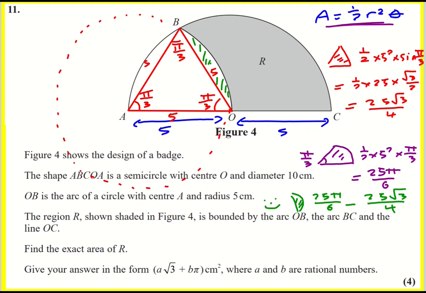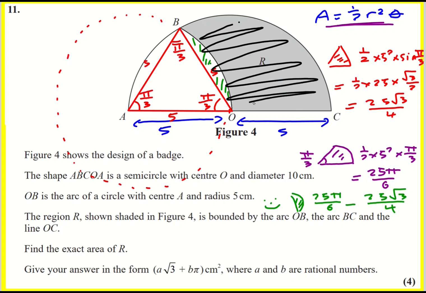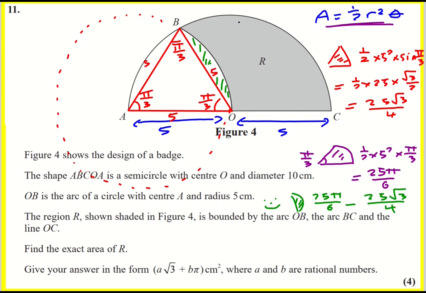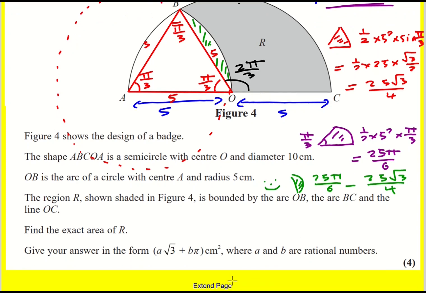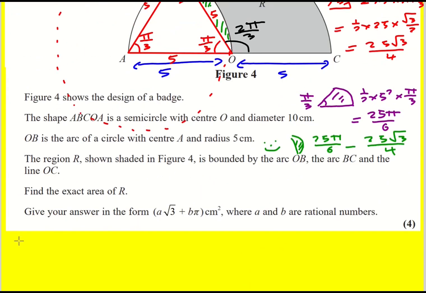So now to find the shaded area. Well, I'm going to go through this in a couple of ways. The quickest way is going to be to find the area of this sector and then minus the green area. And this angle will be 2 pi over 3 because the two angles will add up to pi radians on a straight line. So AR is going to be a half, remember, it's a half r squared theta, so a half times 5 squared times 2 pi over 3.